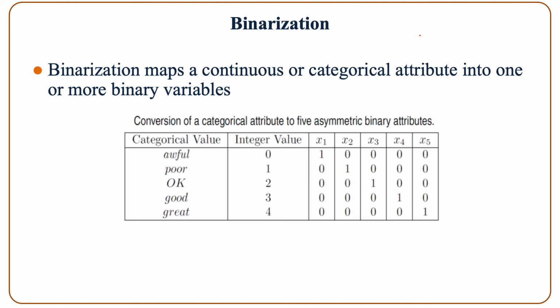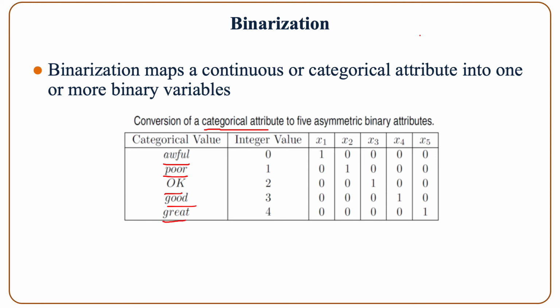Binarization is the process that maps continuous or categorical attributes into one or more binary variables. Let's look at an example. We have a categorical attribute that has 5 different values, which are awful, poor, okay, good, and great.